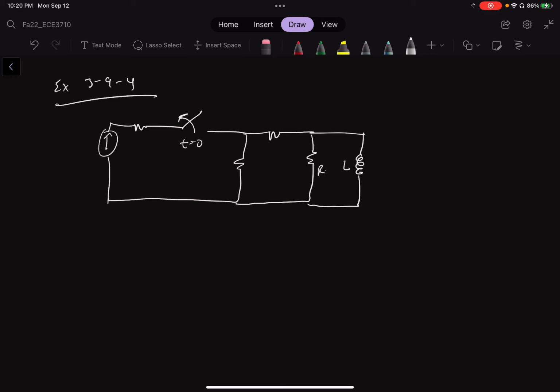Here's L, here's our 4, 3, 2, 1, here's I1 of t, and the current is going downward, IL of t. We are given that I1 of t is constant, always 4 amps. Is it 4 milliamps? No, it's 4 amps.